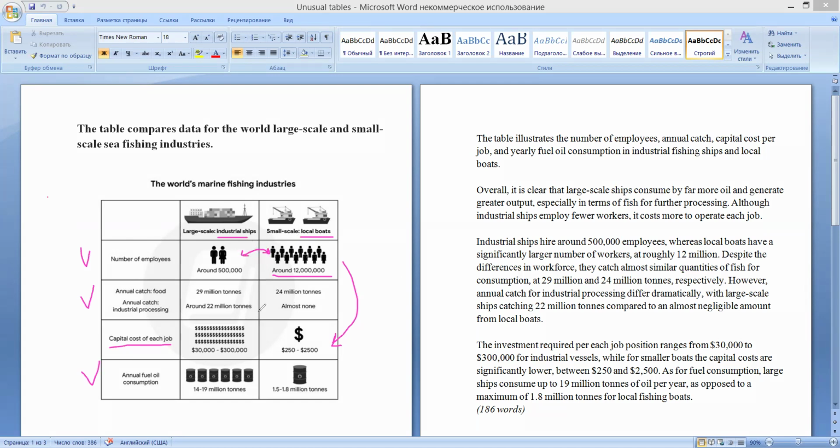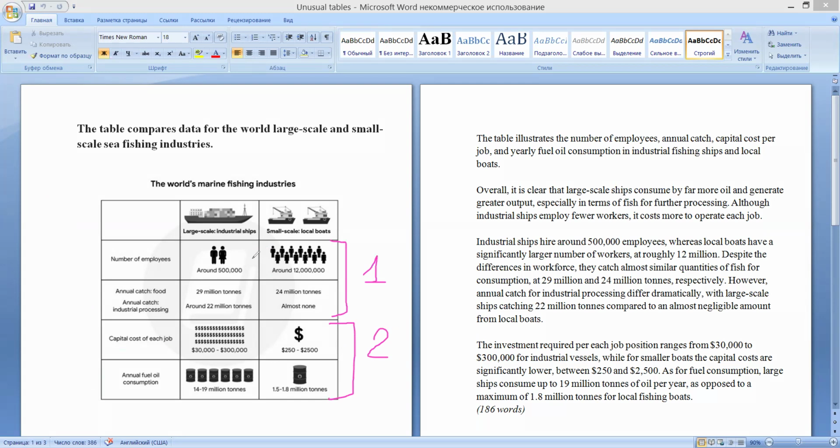Then you move to annual catch, to capital cost, and then to annual fuel oil consumption. You do it one by one, right? So you can talk about these things in the first body paragraph and about these things in the second body paragraph. You compare it one by one. Okay? But what can you include in the overview?